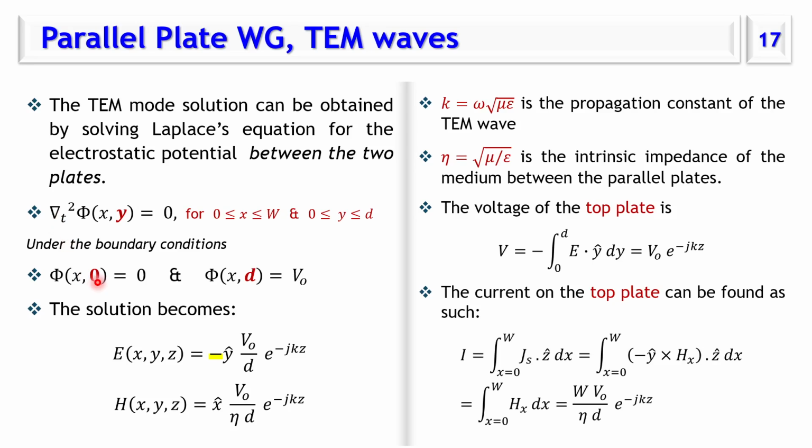So the electric field is in the y direction. On the top side we have V naught, on the bottom side we have 0.